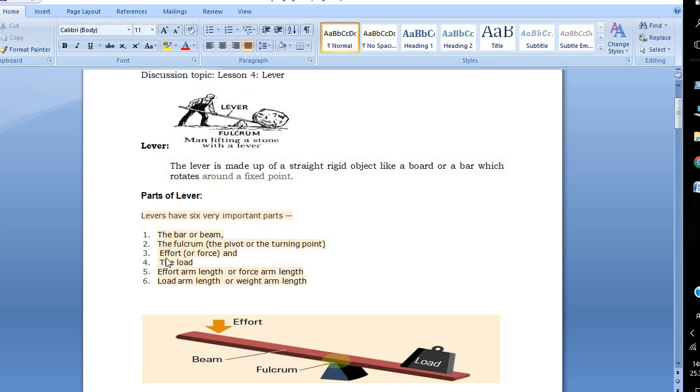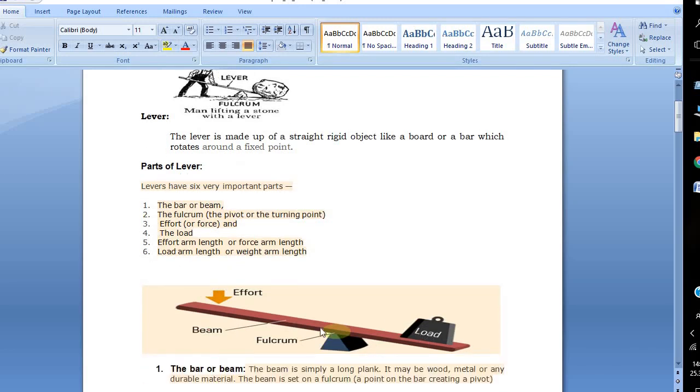Number 3 is the effort or force. This is the force you apply here. Number 4 is the load. You can see the object which is lifted. This is the load. Then the effort arm length. This is the distance between the fulcrum and the effort, or the force.